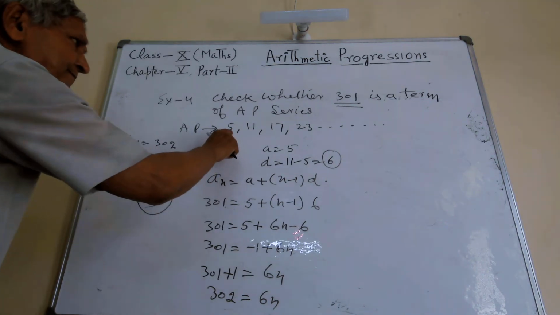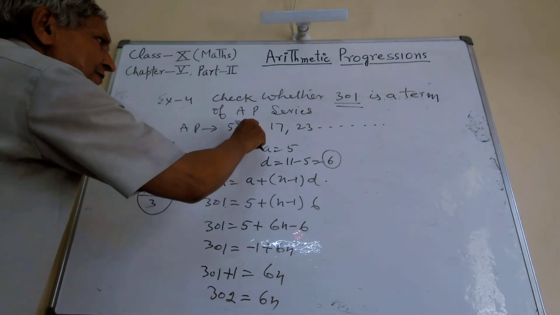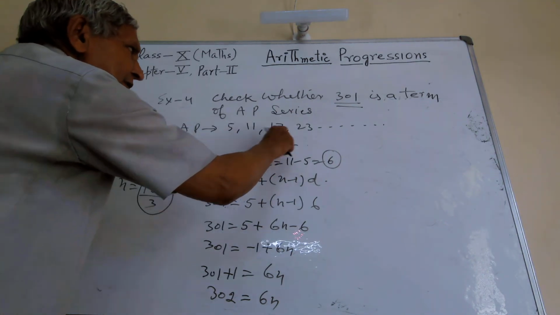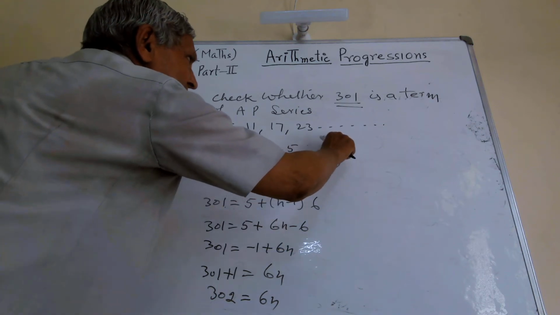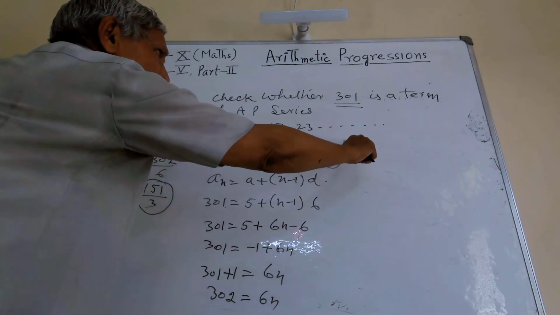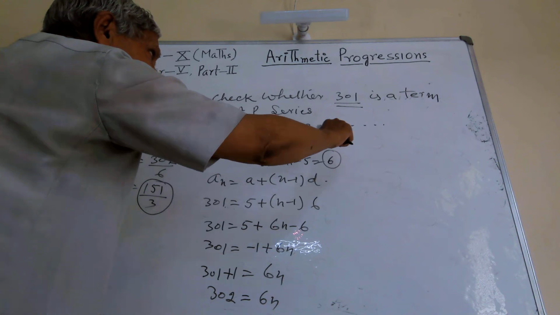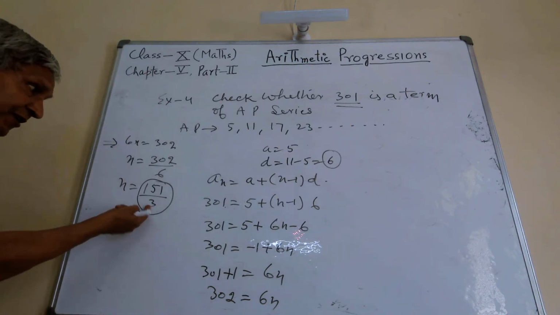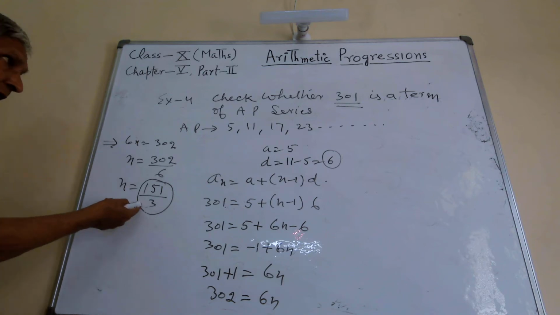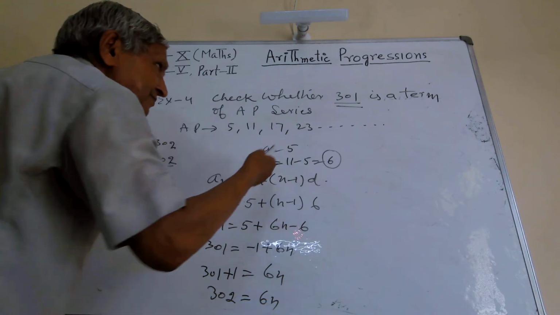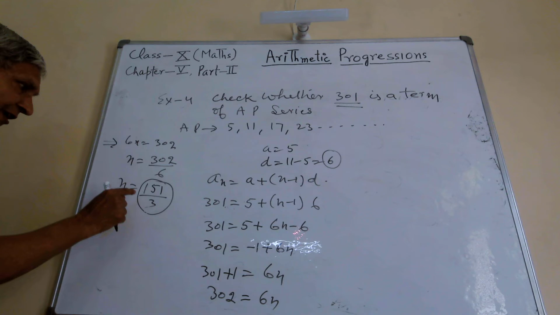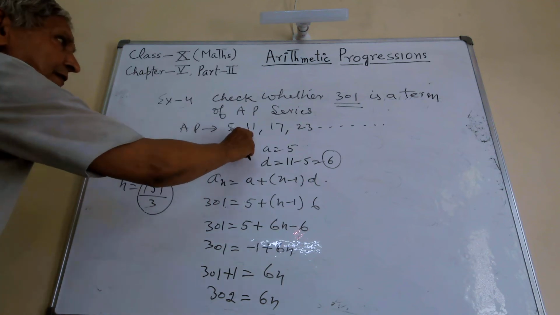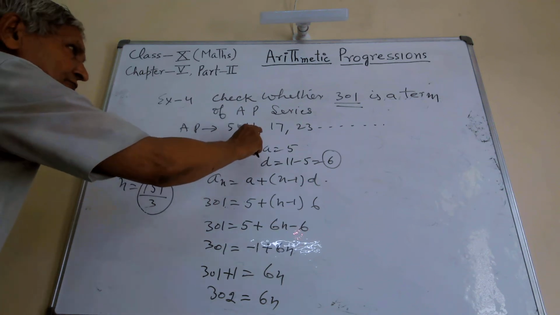But in this series, 5, 11, 17, 23, all these numbers are natural numbers and whole numbers. And what is this number? This is a rational number. These are natural numbers, and this rational number you will not find anywhere in the series.